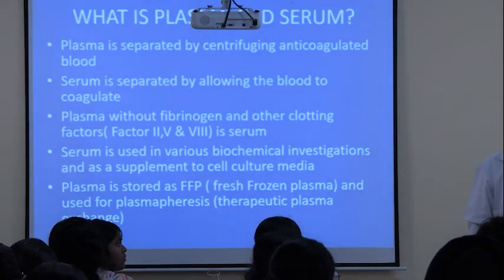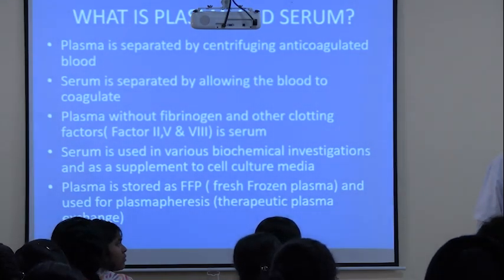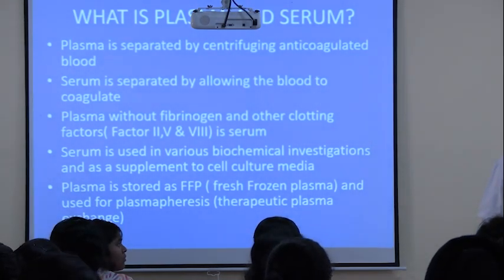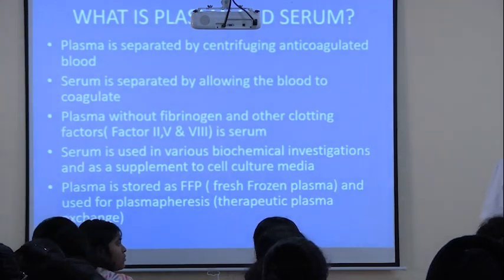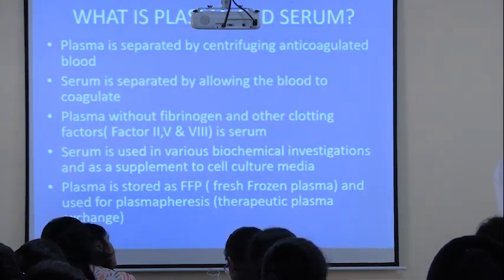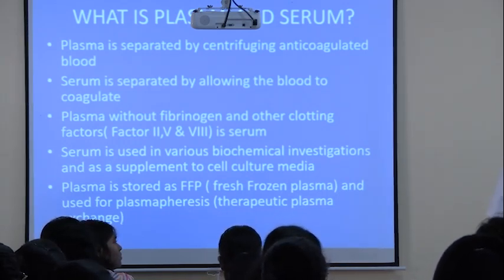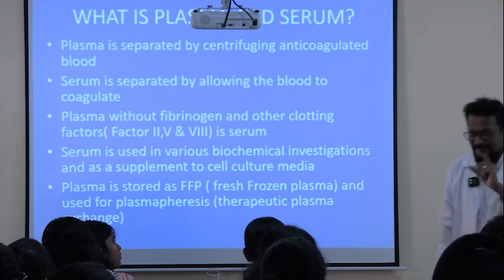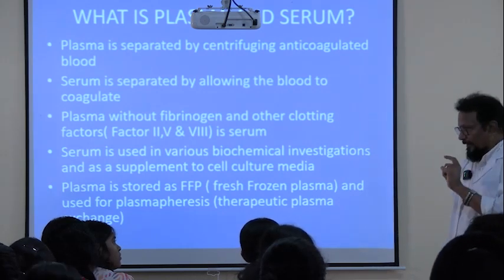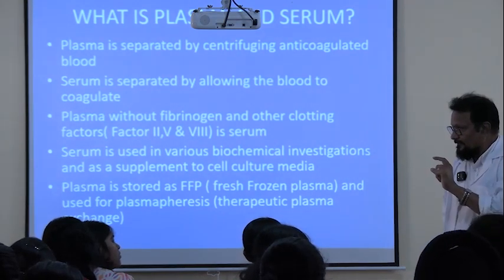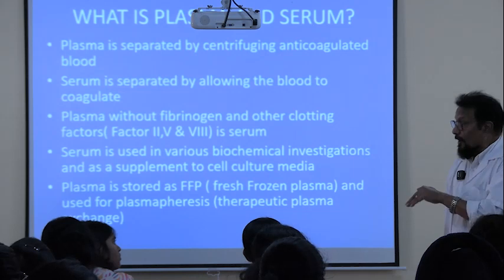When blood is not allowed to clot, by adding anticoagulants, then it will not clot. And then if I centrifuge this blood, we get a clear fluid at the top. So this is plasma, the fluid component of blood before coagulation.